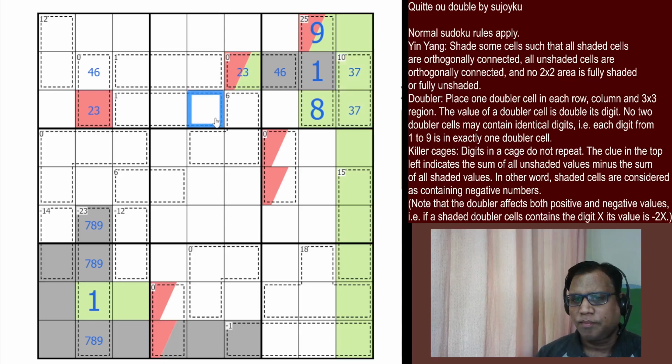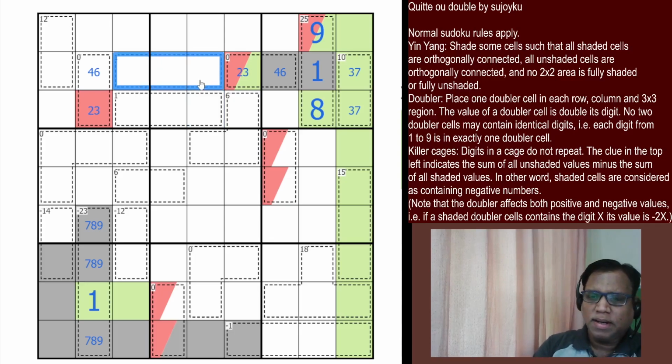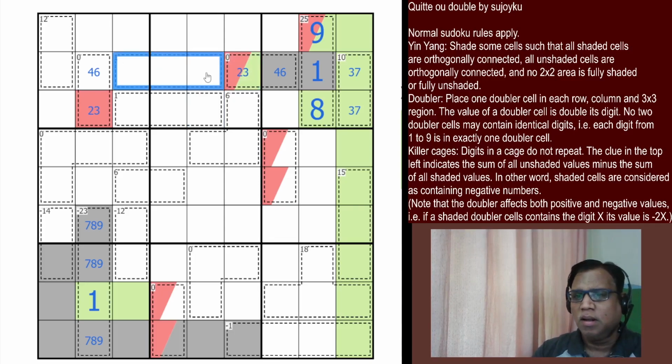This one is also interesting, because there is no doubler here, right? Because of this, there is no doubler here. So clearly there must be some negative going on here, or some shading is there. In fact, here also some shading is there.